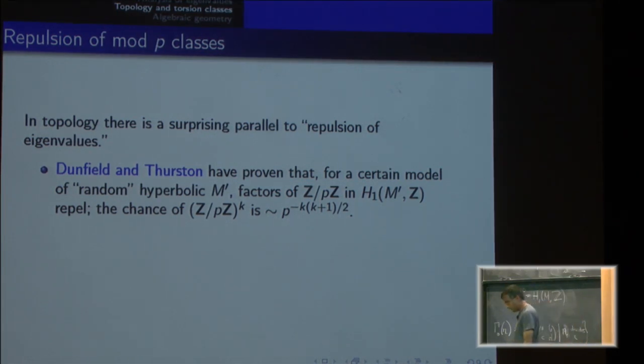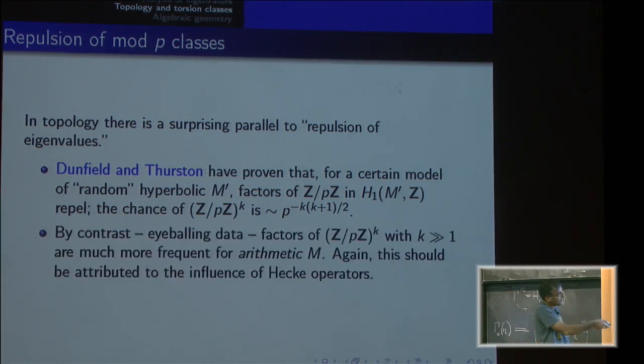So the exponent has exactly the same source. I don't think anyone has studied this systematically, but when I glance at data, it seems to me very unlikely this is true in the arithmetic case. So this first thing is an analog of repulsion of eigenvalues. In the arithmetic case, you certainly see larger rank much more often.